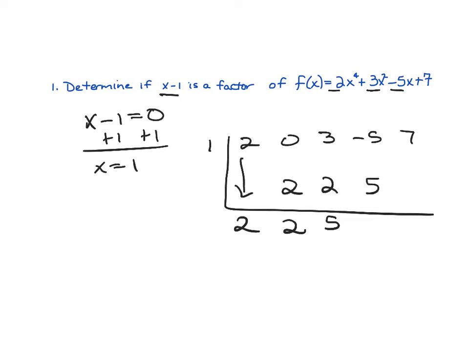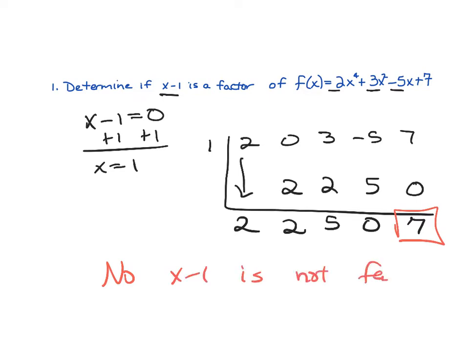Multiply 1 and 5, negative 5 plus 5, and then 1 times 0 is 0. Notice I did not get a remainder of 0, so you would say, no, x minus 1 is not a factor.